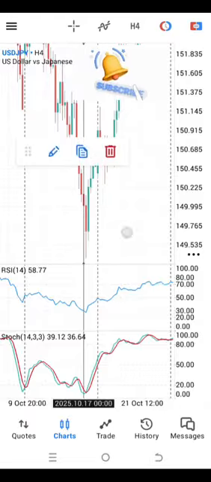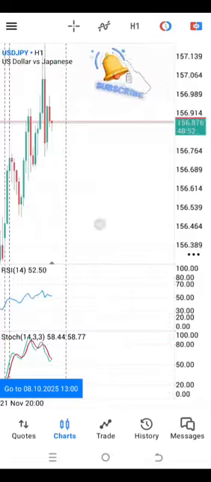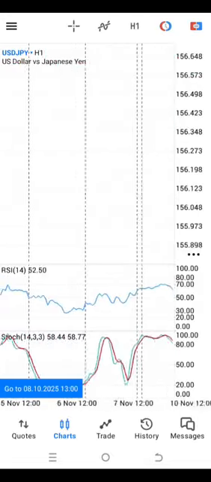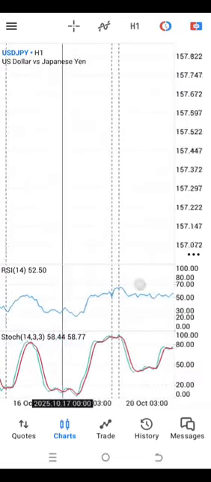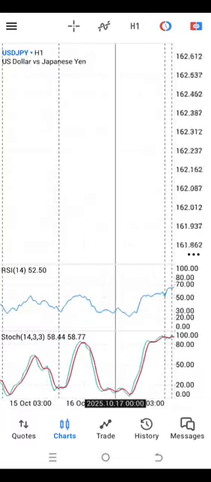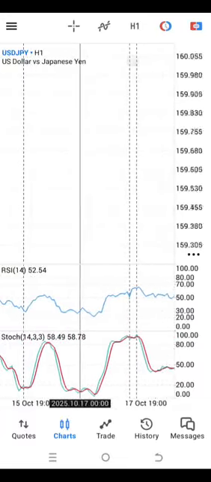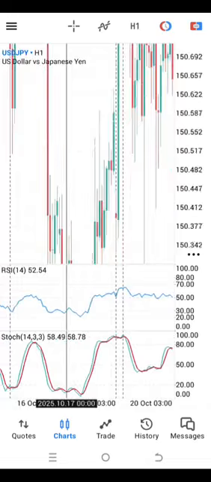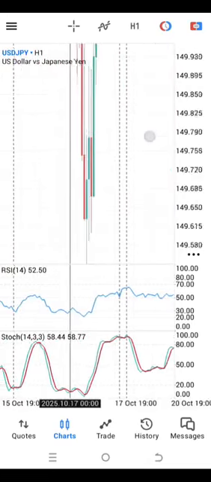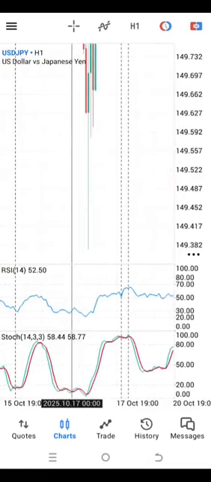Then the next thing I'll do is go to the H1 time frame. Good. Now on the H1 time frame, what am I going to be looking out for? This is my H1 time frame. Remember what we said. We want to see the stochastic oscillator.